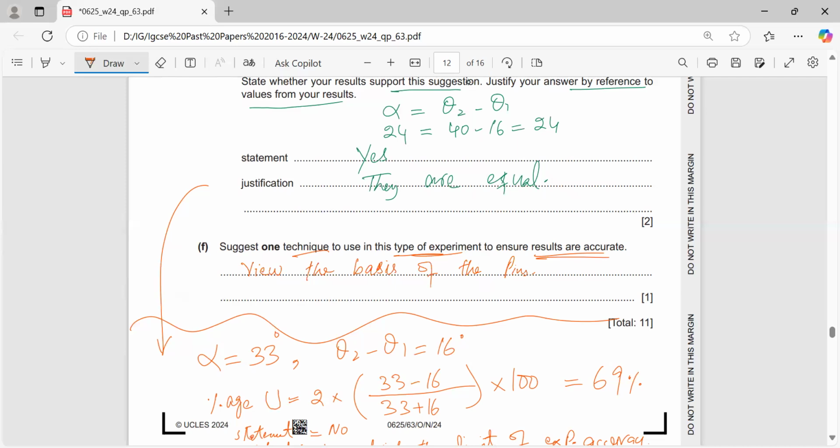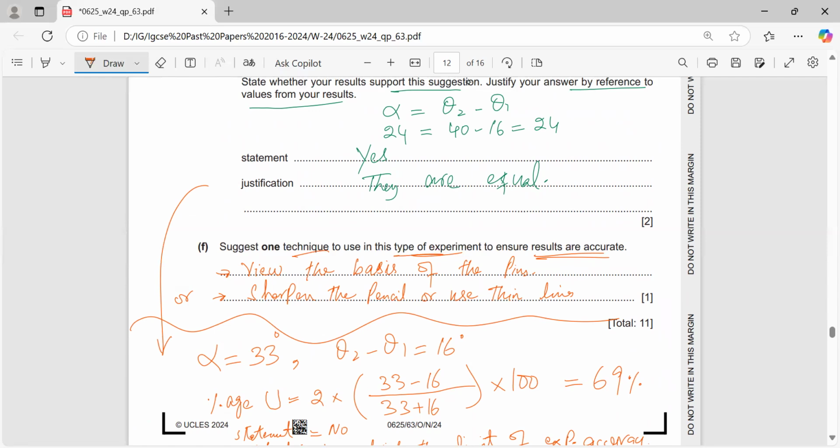This can be the answer. Another answer can be sharpen the pencil to draw these lines, which also means use thin lines. No paint-like rubbing. Use thin lines like this. Pin spacing should be at least 5 centimeters. So like this, many possibilities are there which we can use.